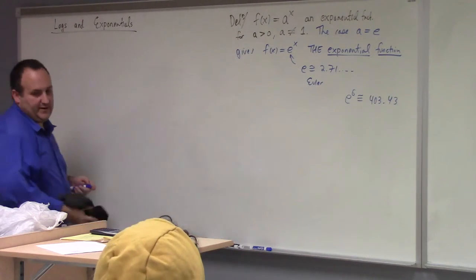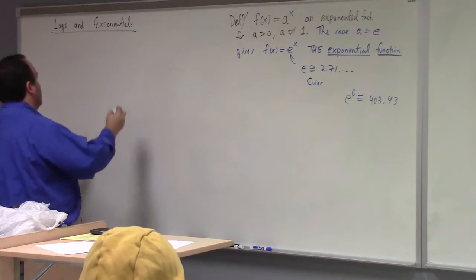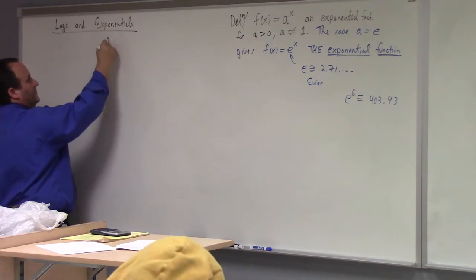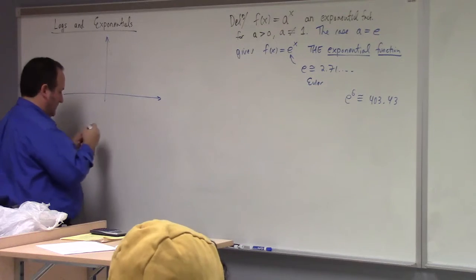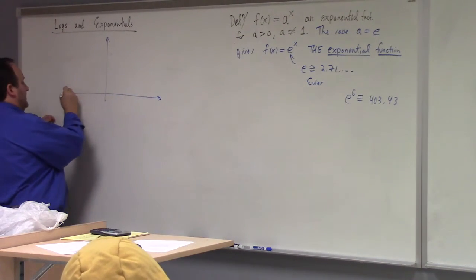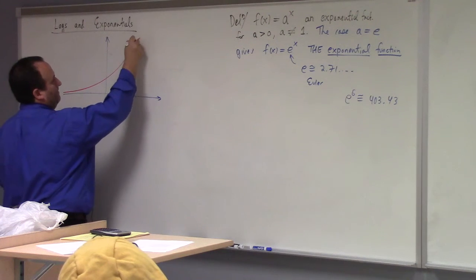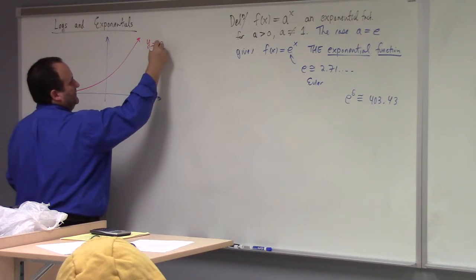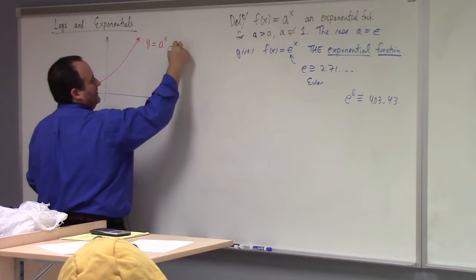Just to reiterate, here's the basic story. If we look at graphs, we have basically two cases. We either have a graph that more or less looks like this. This would be something like y equals a to the x, where a is greater than 1.